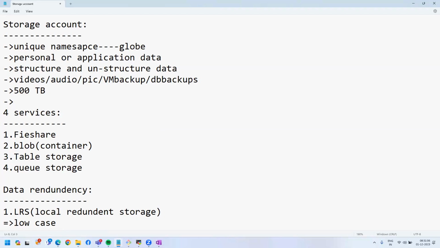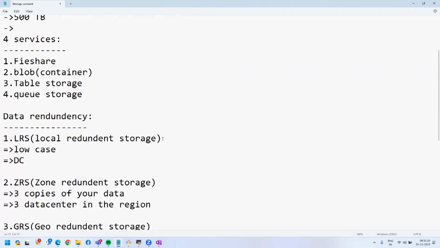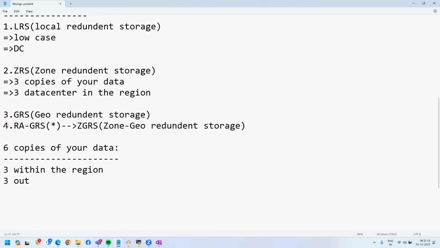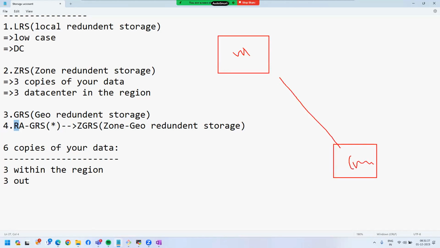Sir, can you explain the last redundancy, the fourth one? Both 3 and 4 are the same, but read means that from the secondary region you can read the data. You can read, but writing is not possible. Generally, your data is here and Microsoft syncs it with another data center. If the data is gone from here, you can read it from the other region, so we can at least copy our data.